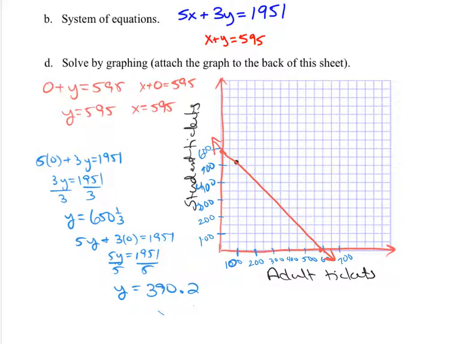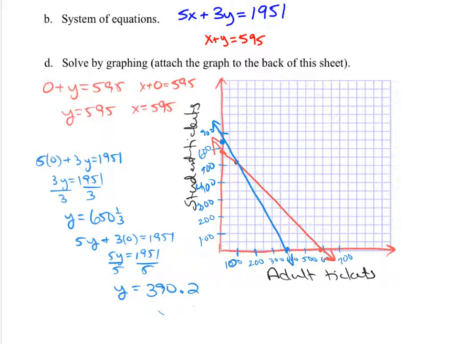Please use a straight edge when you are doing that. And then for the blue line, we're going to go through at 650 on the y-axis. So that's going to be about right there. And then at 390, so just a little bit ahead of 400. And again, you know where they're going to intersect, so you want to draw your line as best you can through there.